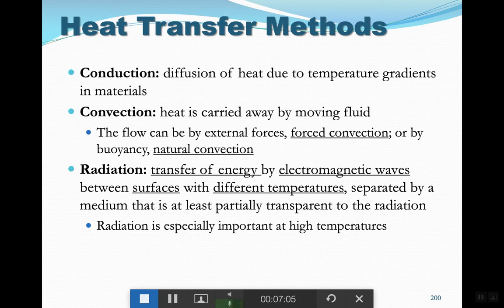So remember, in conduction you need molecules, in convection you need a moving fluid, but in here you don't need any of that, because it's through electromagnetic waves. And this is actually the method that we receive heat from the sun, right? So radiation is very important at high temperature.